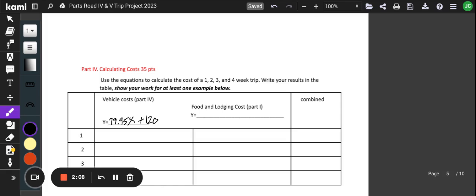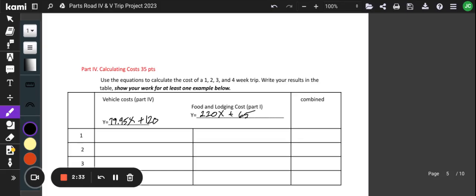My food and lodging cost will go here. We're going to say 220x plus, and luggage, I don't remember, but let's just say I'm taking a backpack, so it's 65. And then the combined of these, I'm going to just add, right, 220 to 79.95.